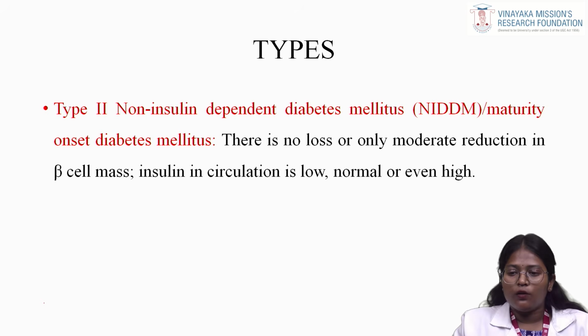There is no loss or only moderate reduction in the beta cell mass. Insulin in circulation is low, normal, or even high. So these are the two types of diabetes mellitus, type 1 and type 2. Type 1 is insulin dependent, type 2 is non-insulin dependent.